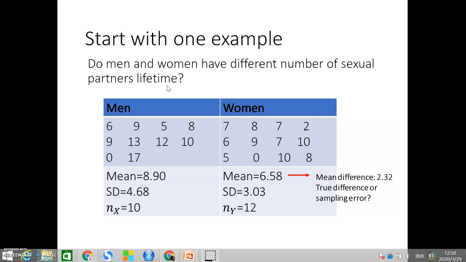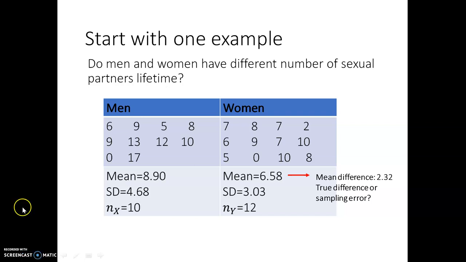Of course, I cannot collect the data for all men and women on this planet and ask for their sexual partner number in their life. But instead, I can collect some sample and try to make some inferences about the population based on this sample.